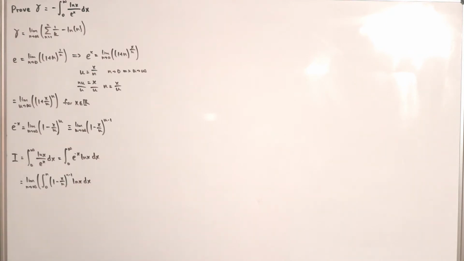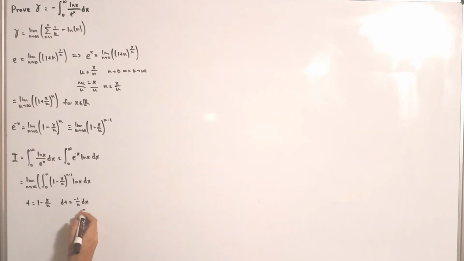And now we're going to do yet another substitution. I'm going to define t equals our inside. So let t equal 1 - x/n. Okay, so that means dt is equal to, since n is just a constant, -1/n dx.